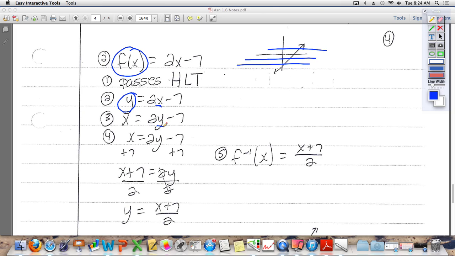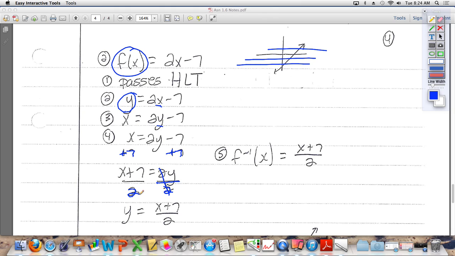Well, first of all, I rewrote it. Step 4, I rewrote what I had in step 3. I added 7 to each side. Add 7, add 7. So I have x plus 7 equals 2y. To get y alone, I have to divide by 2, cancels my 2's out, so I have x plus 7 divided by 2.